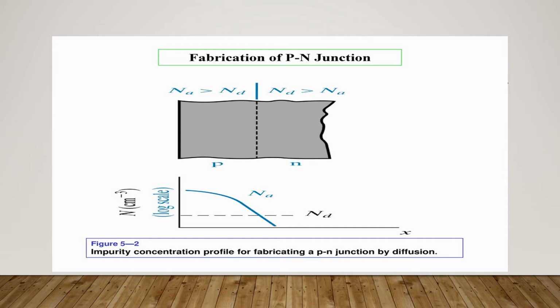You know that two types of currents move: one is drift current, the other is diffusion current. In both drift current and diffusion current there are two subdivisions: one drift current is due to electrons, one is due to holes, and similarly for diffusion current.